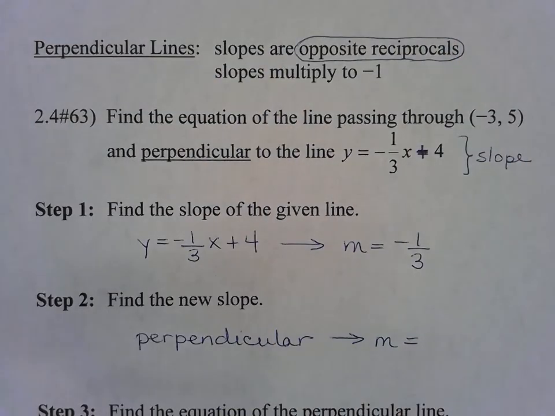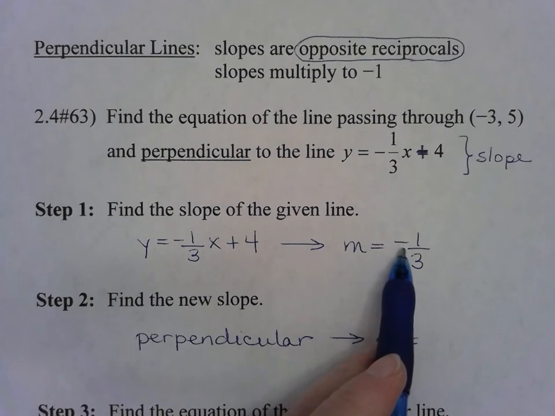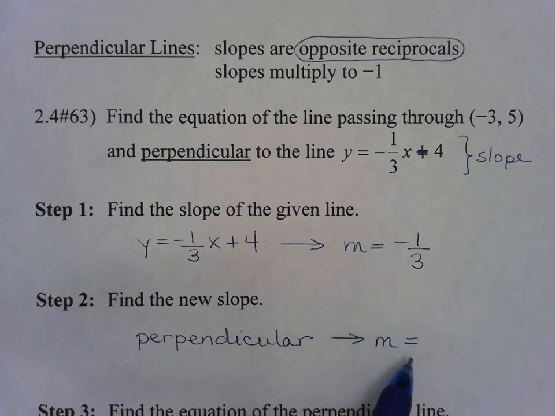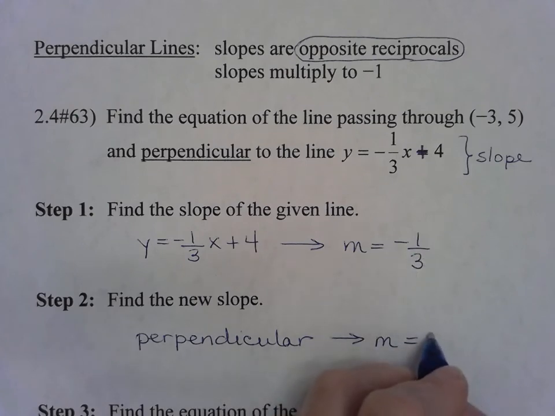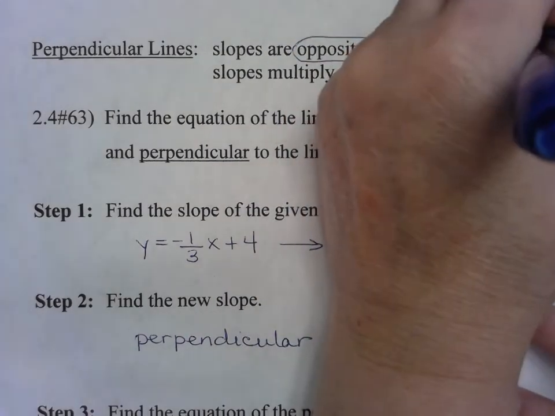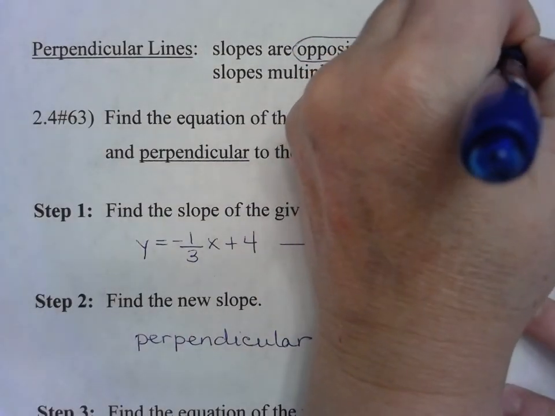So what is our new slope going to be? This slope is negative, so our new slope is going to be positive, and we're going to flip over this fraction. So +3.